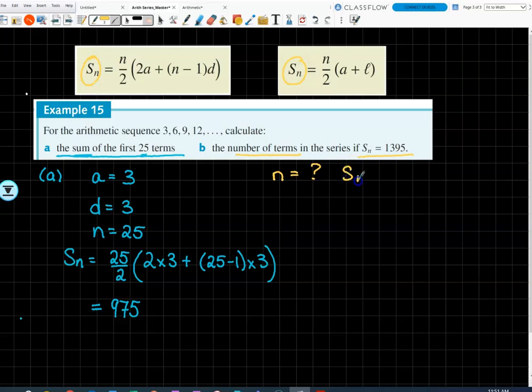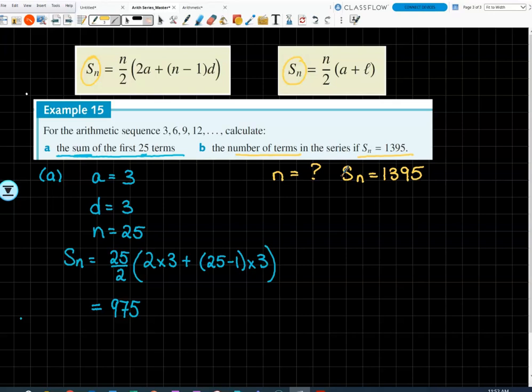So whichever formula we use, we are going to replace this or this with 1,395. So I might even write that if I'm reading this question. I can underline it, but if this is you writing in your book, you're putting down again all your information, so then you're not even thinking, you just sub it where it's meant to be. You're not going to accidentally put 1395 where N is meant to be because you said it's not N, it's Sn. Okay, so where shall we put it?